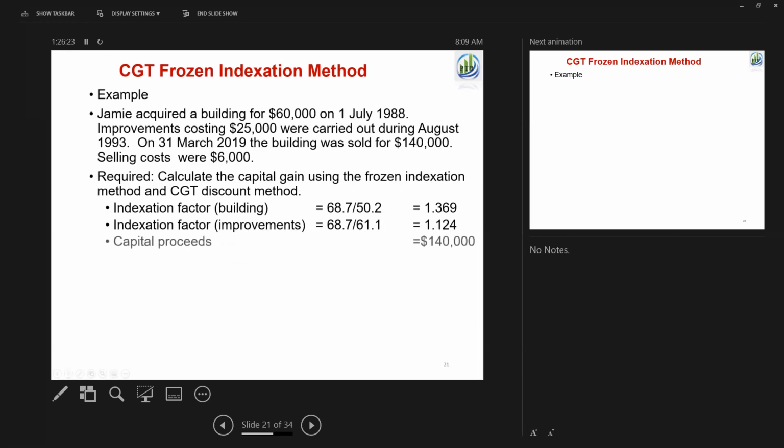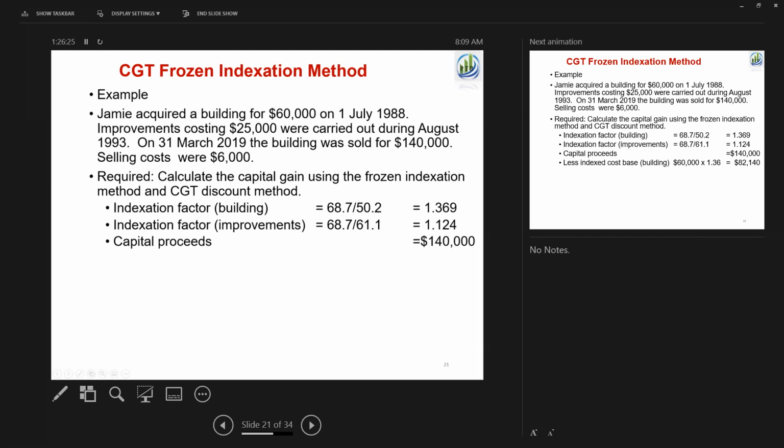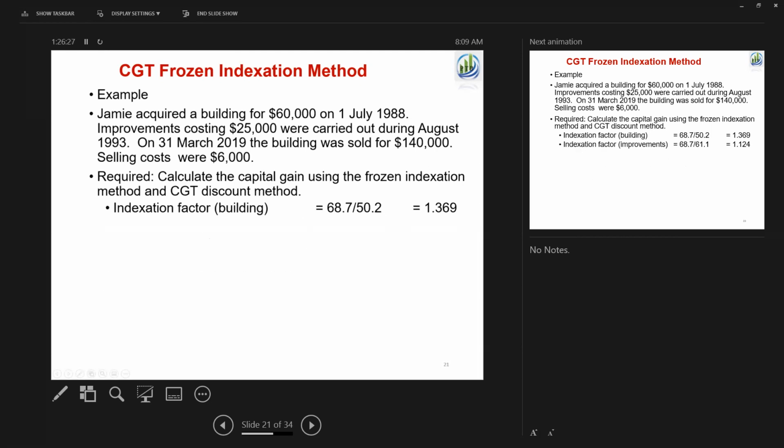So now we will go back to the building. What's the date we purchased? 1st of July 88. If you go to that table, 50.2. And when we sold it in 2019, after 1999 September, therefore the same number, 68.7, is frozen. And the second one, the improvement.